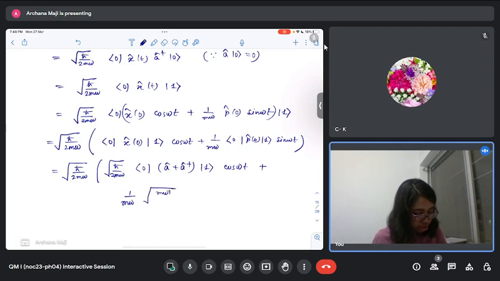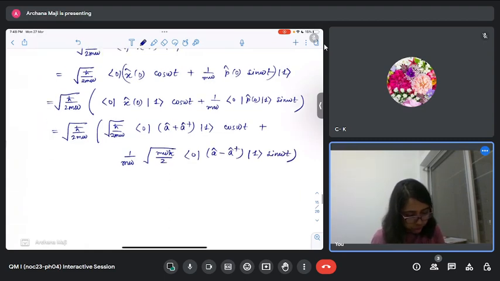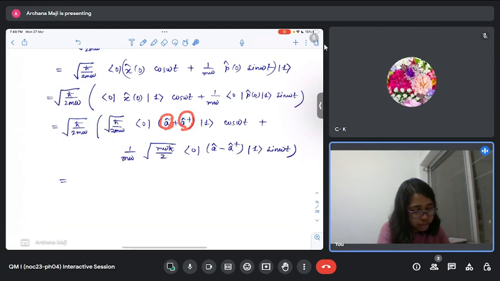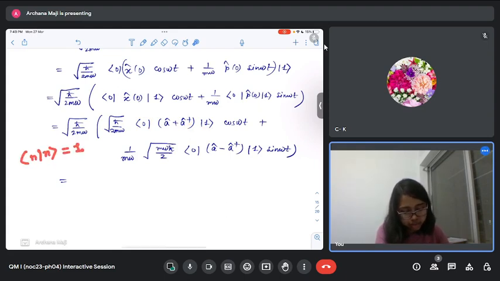Square root m omega h cross over 2 <0|(a minus a dagger)|1> sin omega t. Now when a dagger acts on this |1>, it will give you ket 2, square root 2 ket 2, but the inner product of ket 2 with this <0| will give you 0, right? Because these are all normalized, so you get 1 only when n hits n.